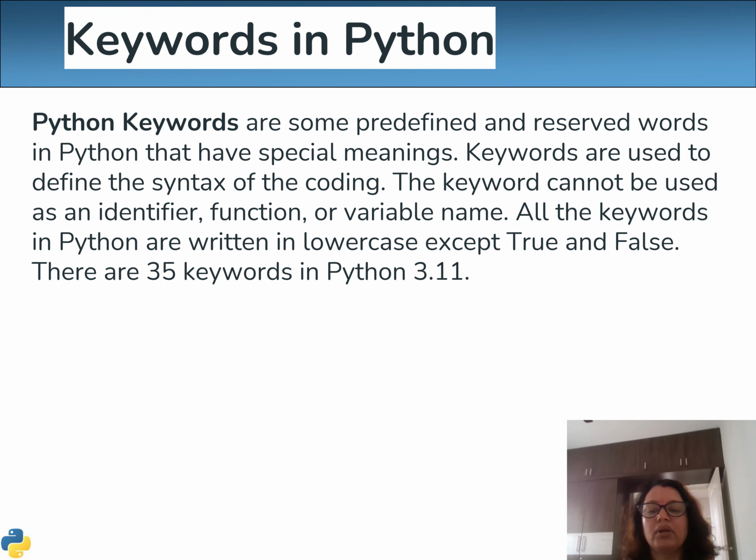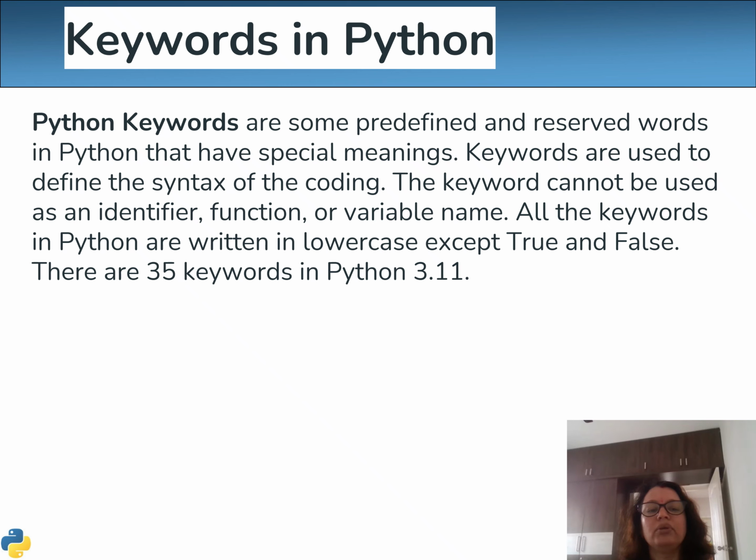What is a Python keyword? As in other programming languages, a keyword is a reserved word we cannot use while defining a function or creating a variable. Python keywords are predefined and reserved words that have special meaning in Python. Keywords are used to define the syntax of the coding.